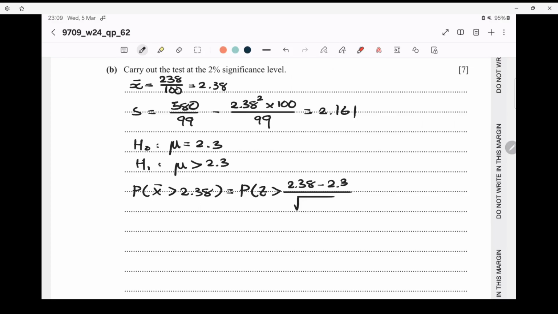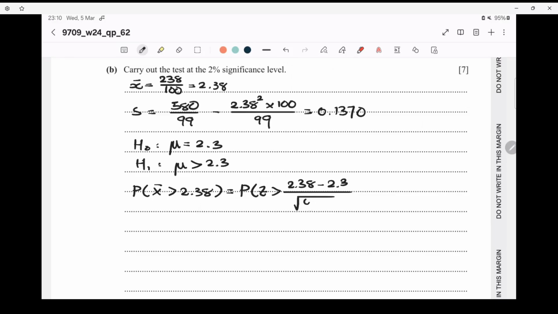Wait, I think I wrote the wrong number. This is not 2.161. This should be the value. 2.161 is the one at the bottom. My handwriting is a bit messy.